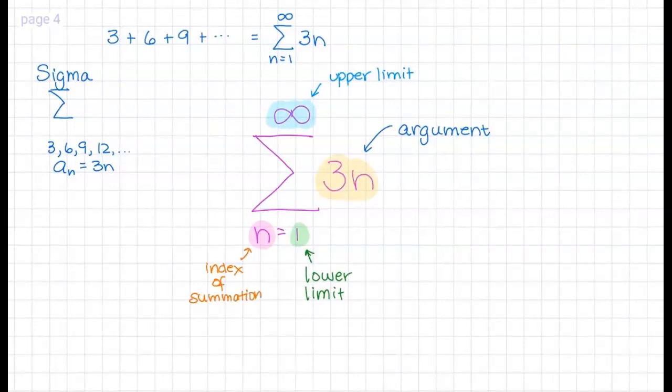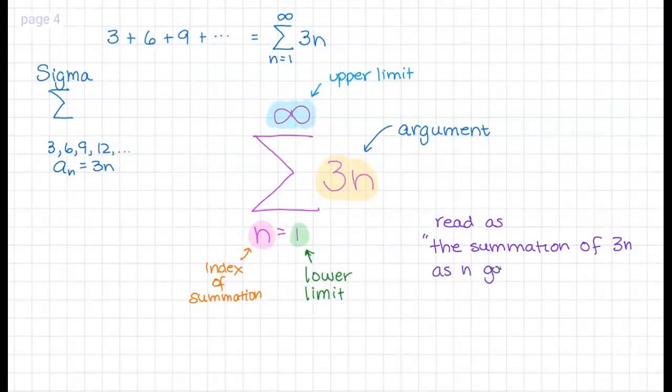And the way you read this is it describes exactly what you do. It's kind of a mouthful to read, but the way you read it is this. So it's read as the summation of 3n as n goes from 1 to infinity.